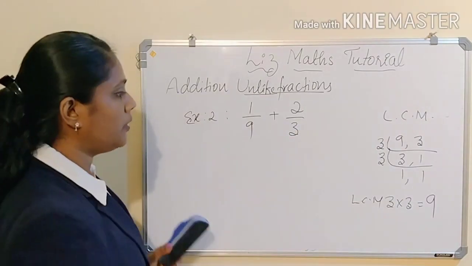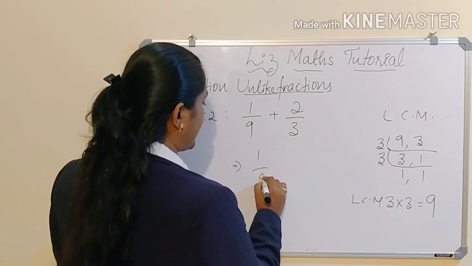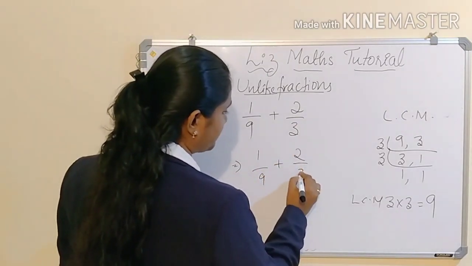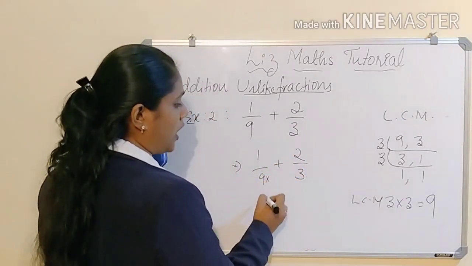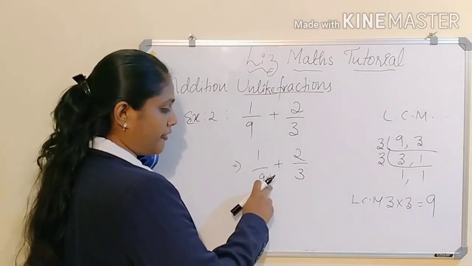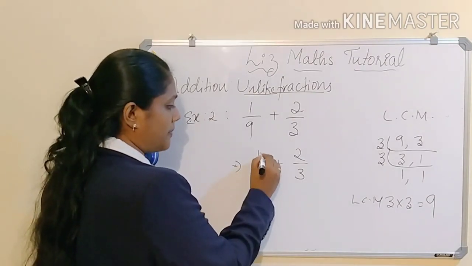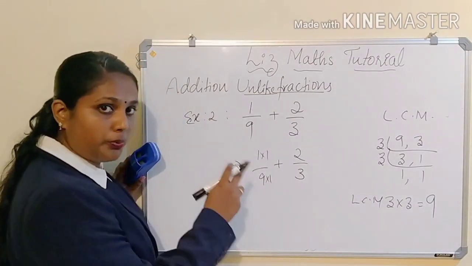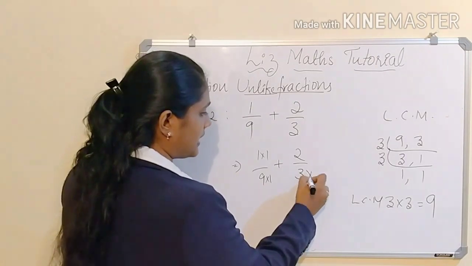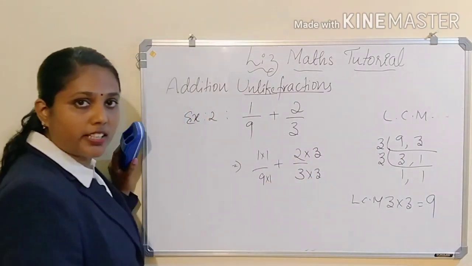Got it? So now we have to move to the next step. That is, write it again, this number. Now 9, how much are 9? 9 ones are 9. So when you are multiplying with 1, you are getting 9 as the answer. So the same number you have to multiply to the numerator also. Here 3 3s are 9. So that number only you have to multiply to the numerator.